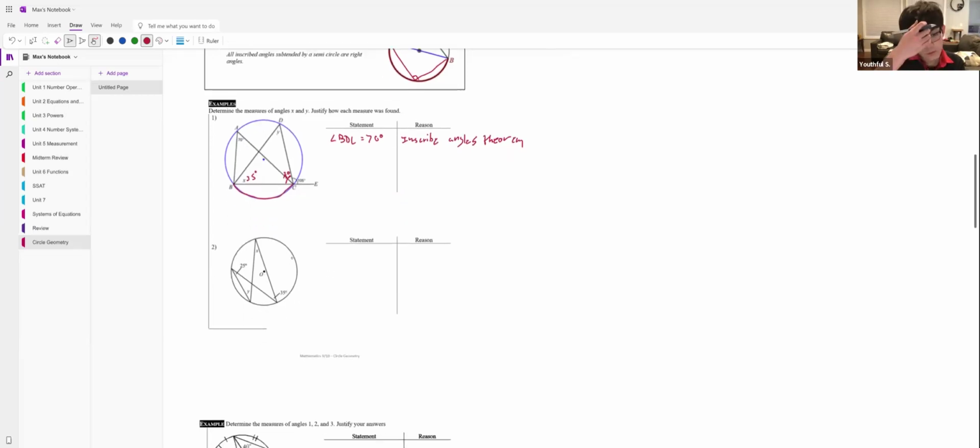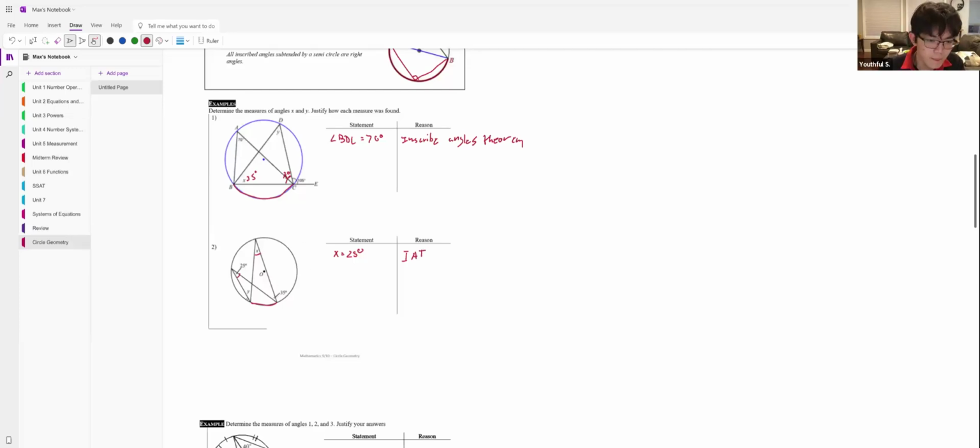All right. Okay, so here, again, we have this arc here that subtends both this angle here and this angle here. And since we know this is 25 degrees, that means x is also equal to 25 degrees by the inscribed angles theorem, IAT.